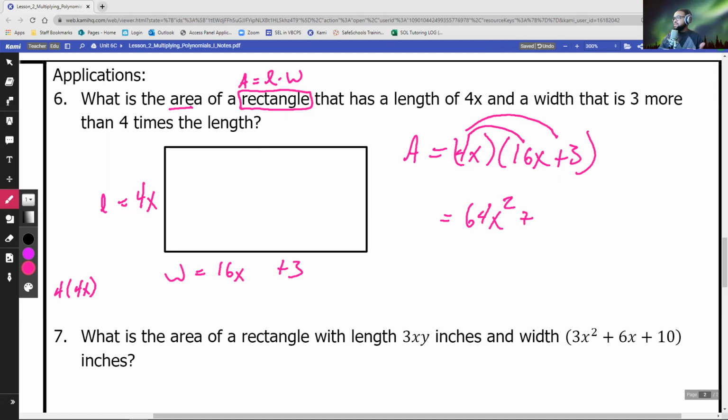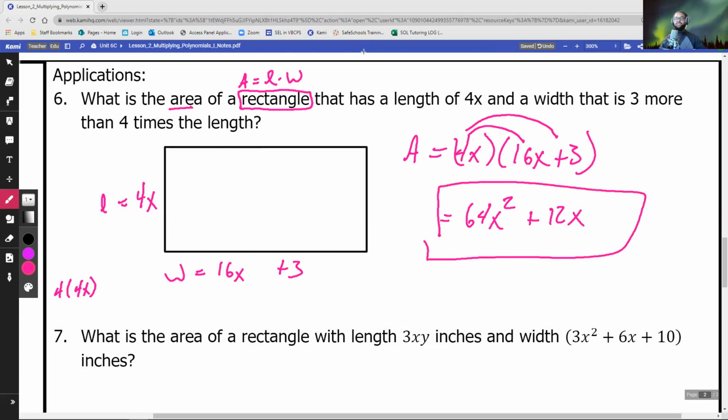And then finally, 4x times 3, and that is going to be 12x. All right, there we go. That's how we do this. This wasn't hard at all. The setup was interesting. It took a little bit more work to get there, but it was very doable.